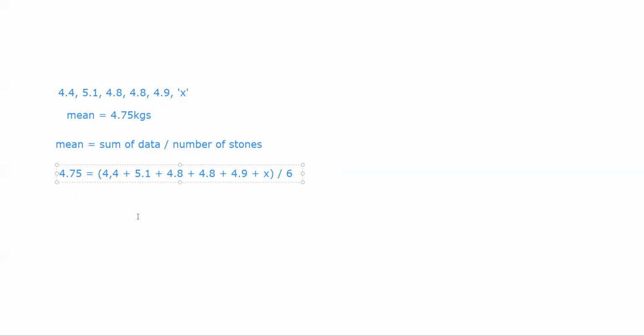So to solve this equation now, the 6 is dividing this sum. So what we can do is multiply 4.75 with 6, and that would be equal to the sum of these numbers.